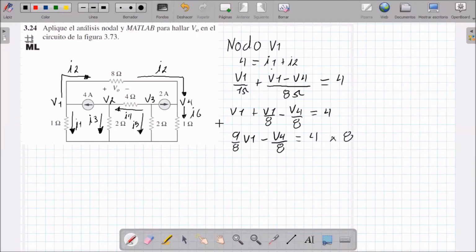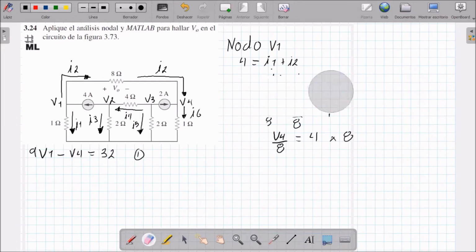I'm going to multiply this by 8 to remove the denominator, and the first thing is going to look like 9V1 minus V4 equals 8 times 4, which is 32. That's my first equation.